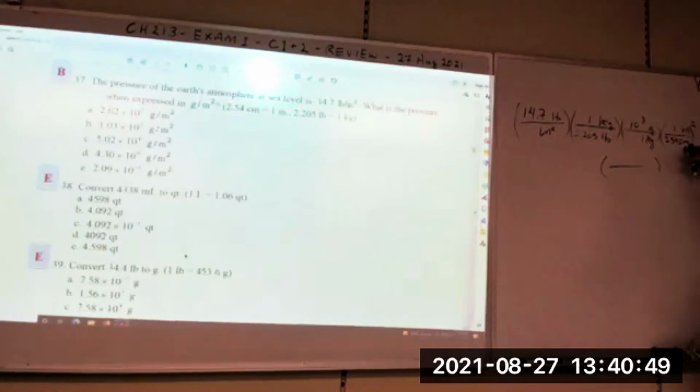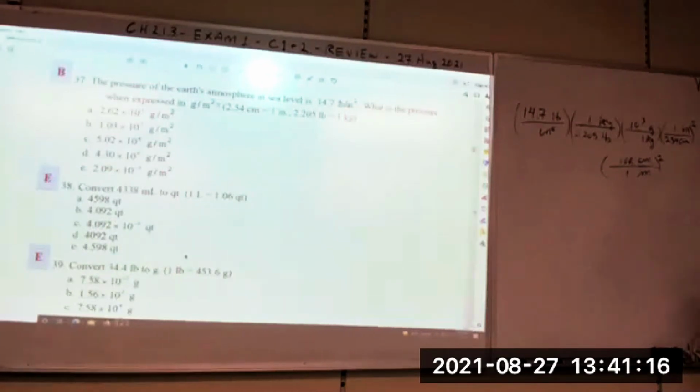So this centimeters on the bottom, so it needs to be on the top here. And then meters. So we have 100 centimeters in a meter. But the centimeters are squared, and the product needs to be square centimeters also. So that's all you have to do. And the rest is just number crunching.